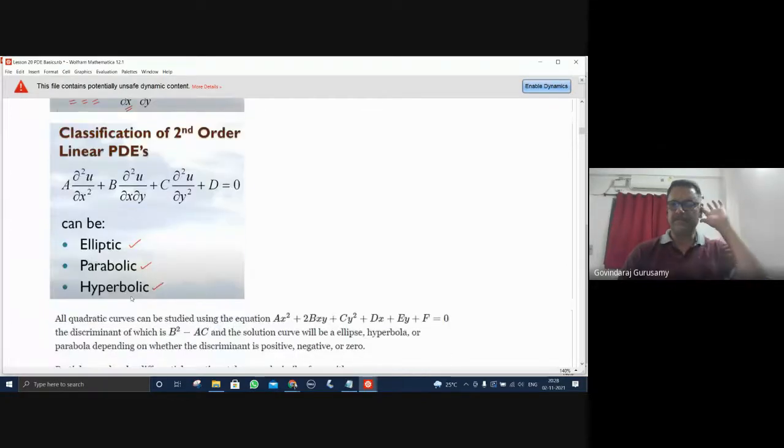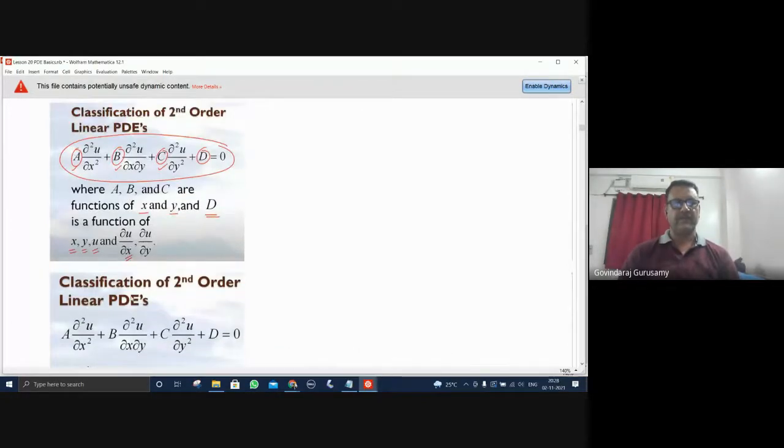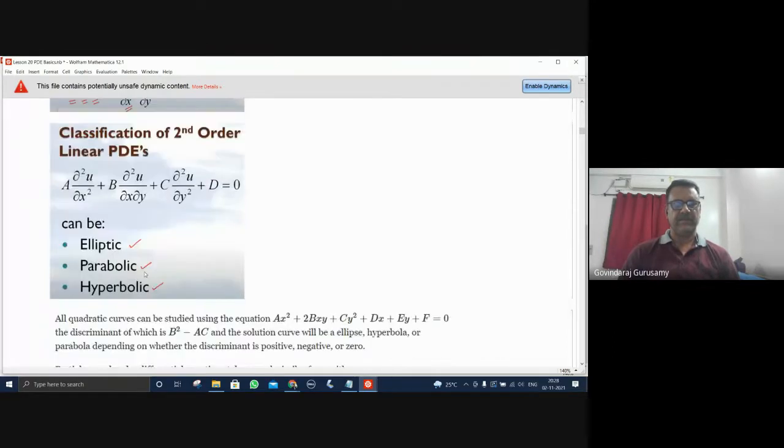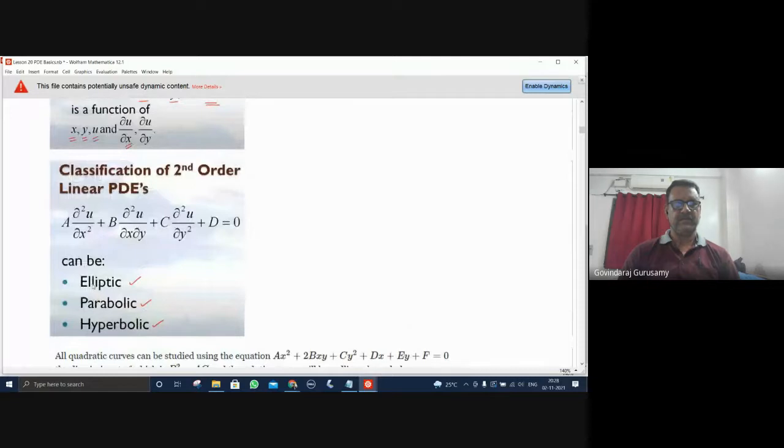Now this classification has been divided into three groups: elliptic, parabolic, and hyperbolic. Second order linear PDEs are classified as elliptic, parabolic, hyperbolic. What is this terminology which is used? Where do they come from? Do you have any idea about what could be the origin for this?